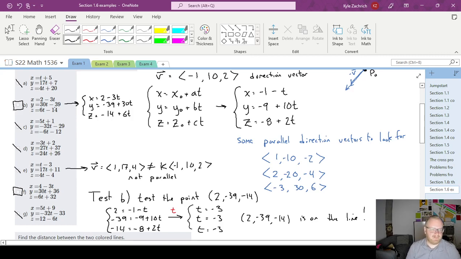So if this has a point that's on the line and it's got the right direction, this is our answer here. If we test this one, we only get one answer option here, but this will give us different t values when we test out the point (4, 36, 32). Okay, so that takes care of the first one.